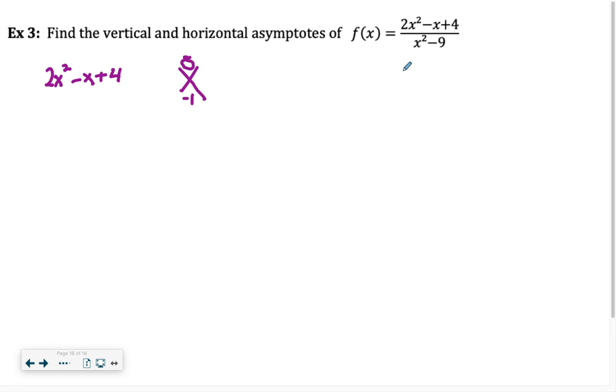So we can skip that first step and just go on to factoring the denominator. The denominator would factor into x plus 3 and x minus 3. So those are the factors that I would set equal to 0 to find my vertical asymptotes.